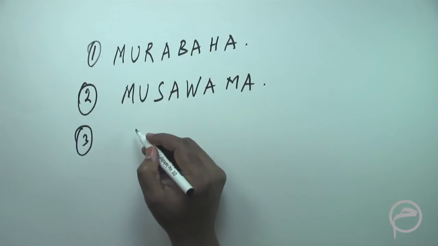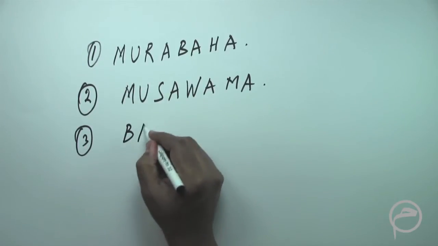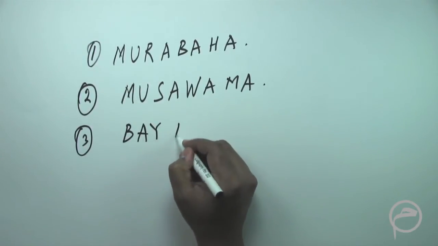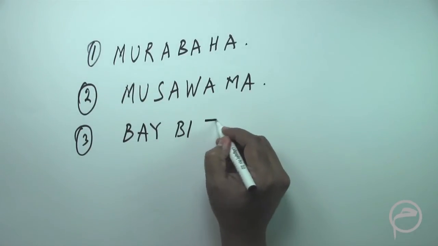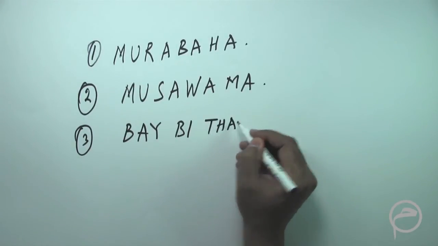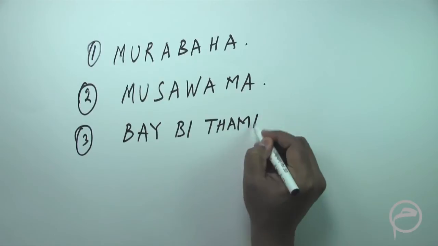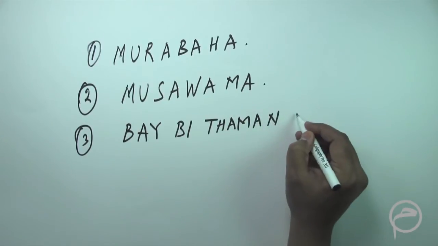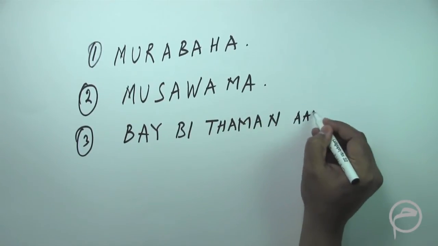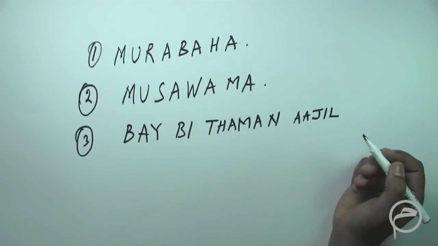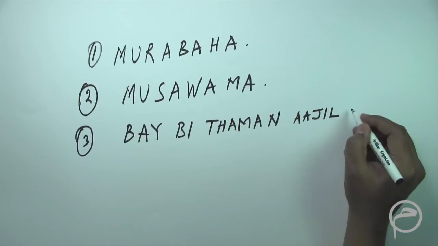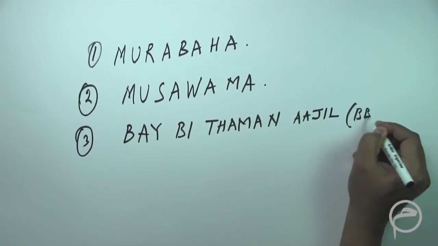The third is Bai' Thaman Ajal, also referred to as BBA.